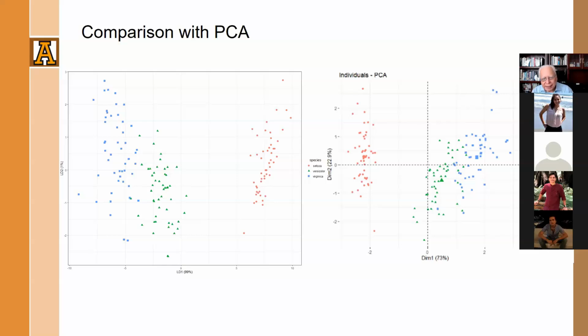As you can see, I achieve better separation with my linear discriminant function, because the objective there is variable reduction, and the objective here is classification. So on the right, I do not consider the target. In the left graph, I am considering the target.